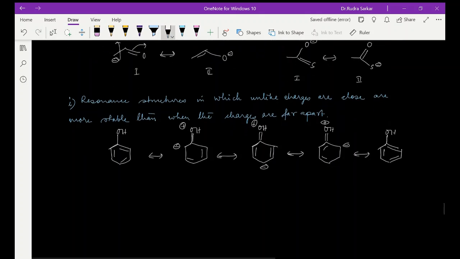Now, if we name them, suppose this is 1, 2, 3, 4, and this is 5, we will say, obviously, as we have learned, that charged structures are less stable than the uncharged structures.